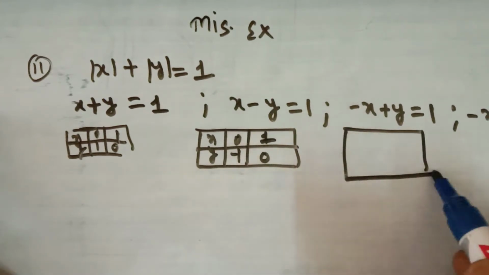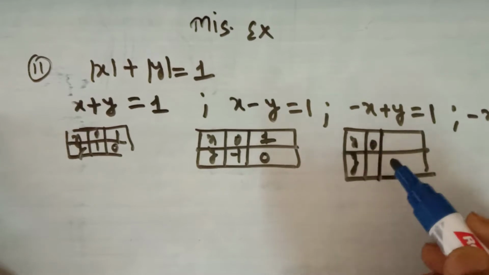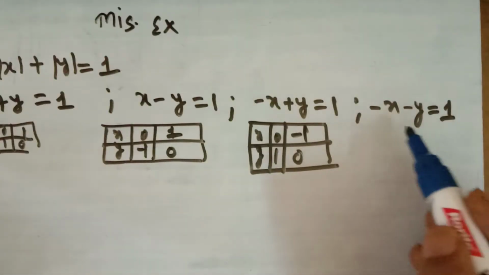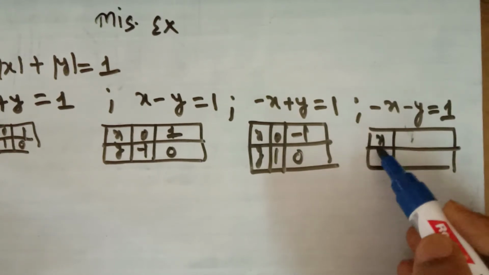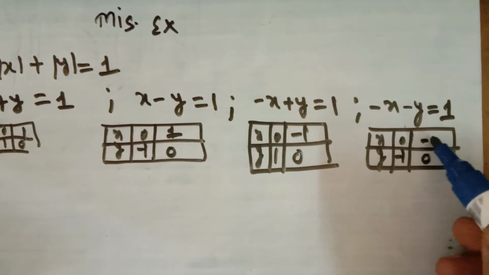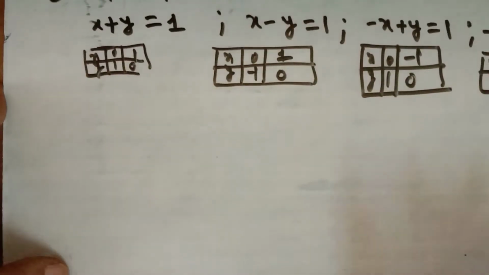In this also, take at least two solution sets, x 0, then y 1, when y 0, x will be equal to minus 1. And for the fourth, when you take x 0, y will be minus 1, when y 0, x will be equal to minus 1. Now plot this on the graph paper.